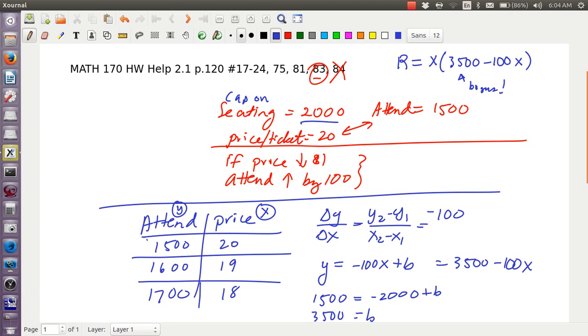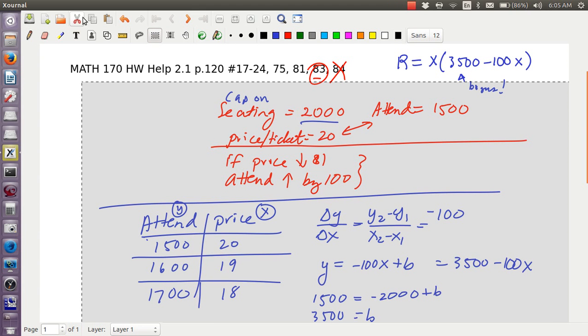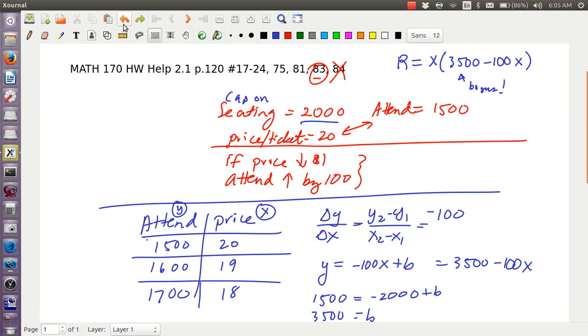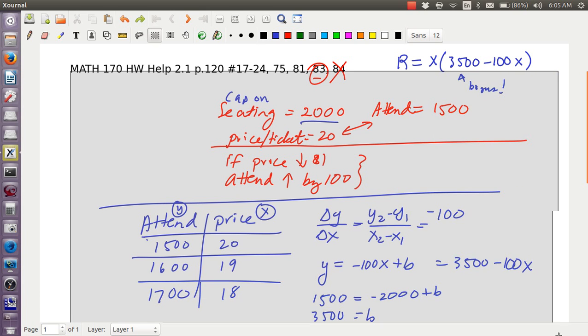So to maximize revenue, this thing turns out to be a parabola. I don't think they ask you to maximize revenue. Yep, I'm sorry, they do ask you to maximize revenue. So let's go ahead and do that. But we have to just double check that it's got the right amount of seating.